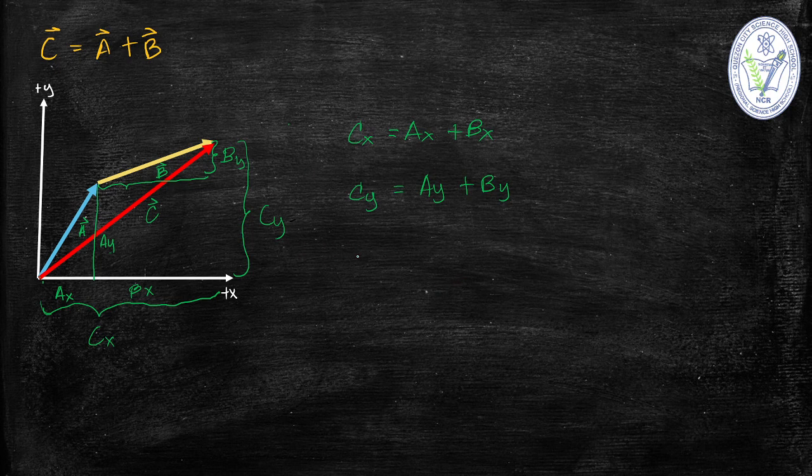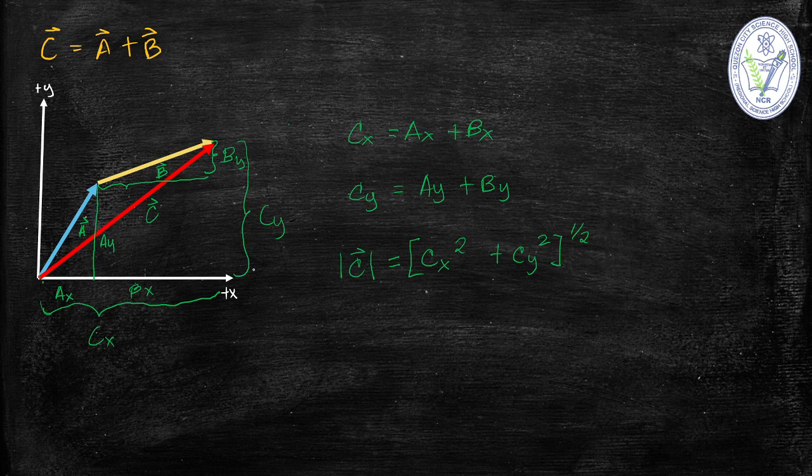And if we want to solve for the magnitude of vector C, we can say that the Pythagorean theorem is very much applicable. So we will now write it as the square root of cx squared plus cy squared.